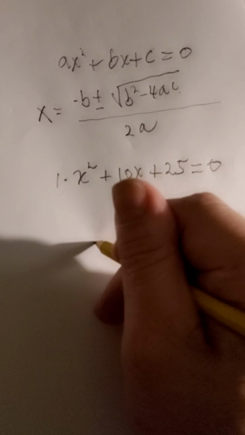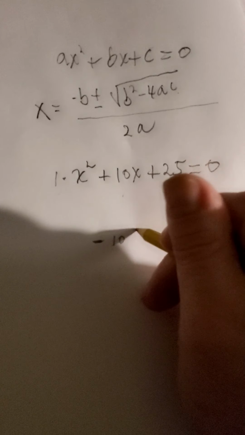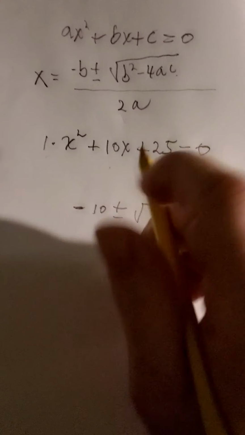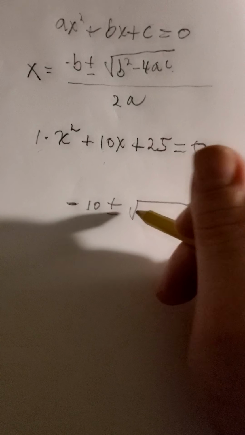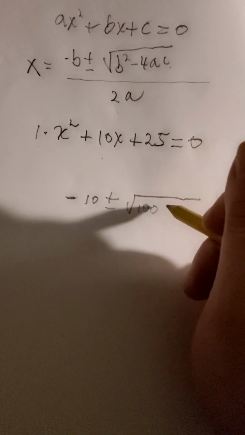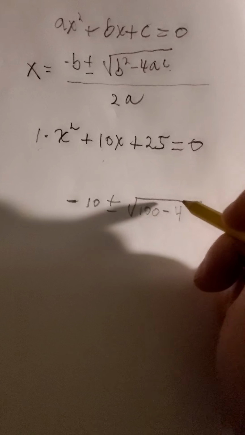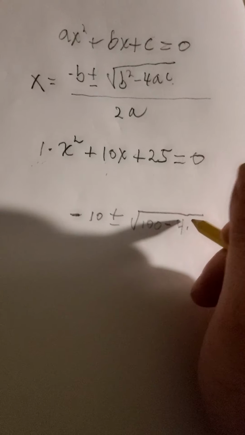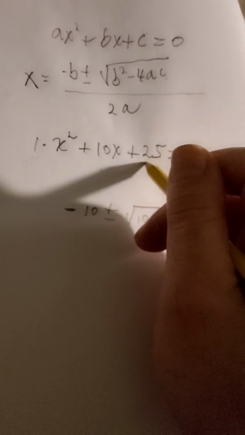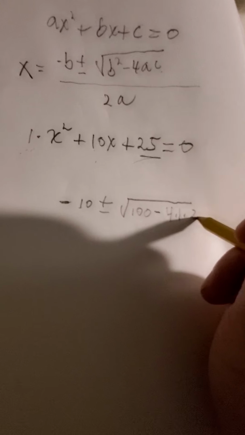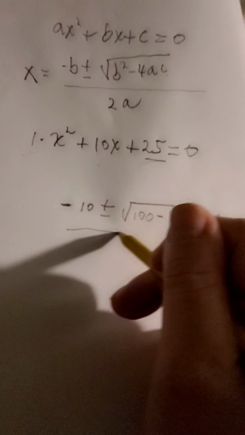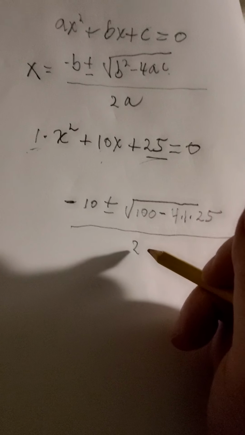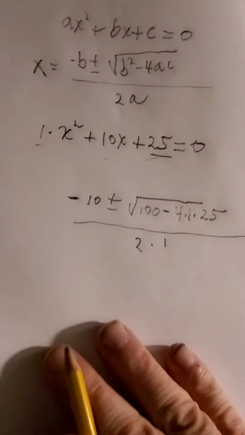So now you're going to have negative 10 plus or minus the square root of b squared, 10 squared, which is 100, minus 4 times a, which is 1, times c, which is 25. And we're going to divide that by 2 times a, which is 1, which I'll write out like that.